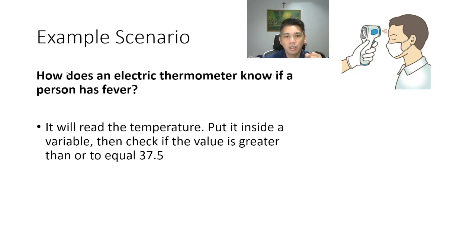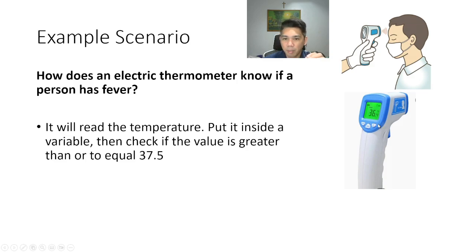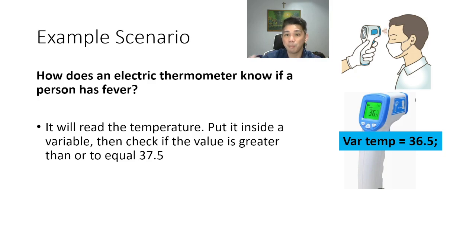It will read the temperature of a person, and then once the temperature is read, like for example, the number here is 36.4. So that value will be saved inside a variable. Like in the case of JavaScript, this is just an oversimplification of things. So let's just say that the value 36.4 will be saved inside the variable temp.